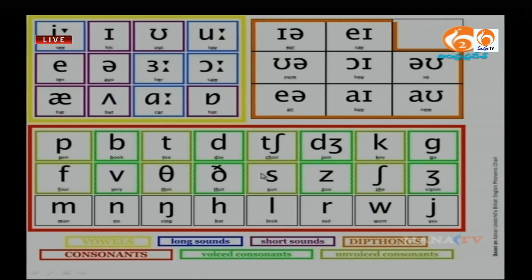Moving on to the second set of sounds in the same slide, we see there are 24 sounds, called consonant sounds. If the air, once out of the glottis, is obstructed partially or totally in one or more places, the sound is called a consonant sound. So let's hear it once again.